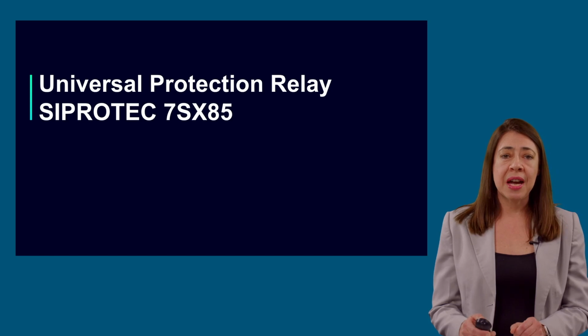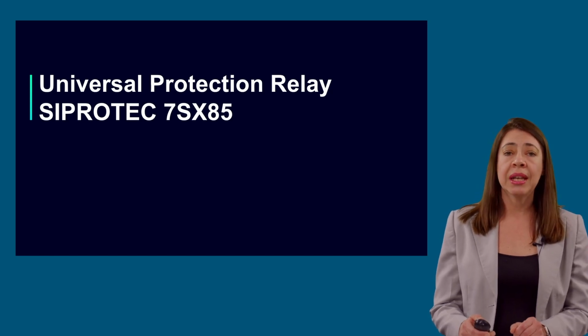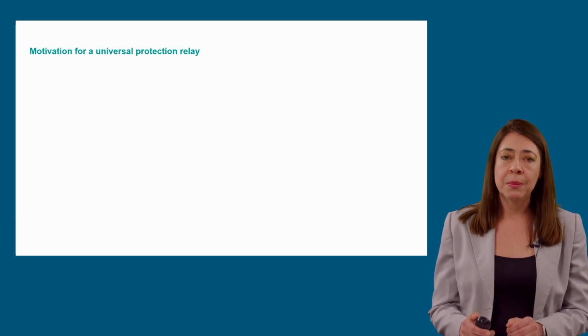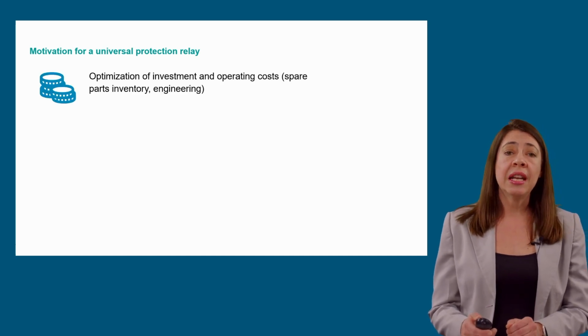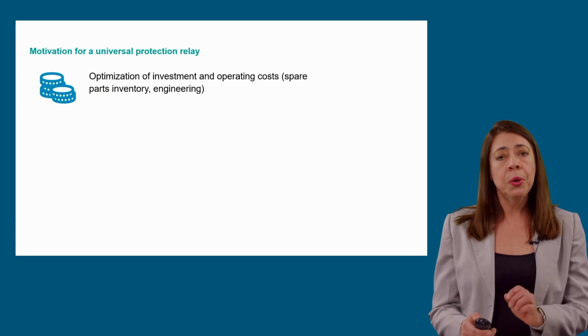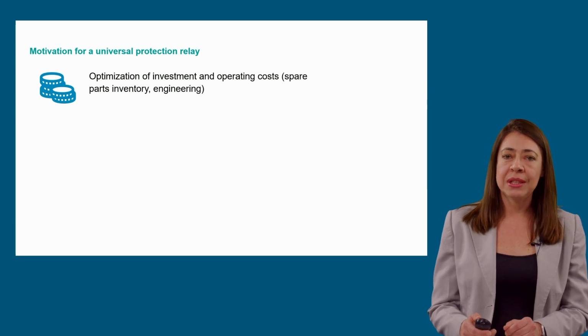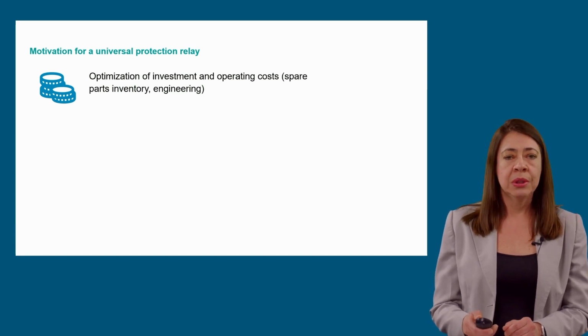Siemens modular device relay is called SIPROTEC 7SX85. And when we develop this device, we focus on the challenges our customers face daily. That is why we decided to go a step beyond with the SIPROTEC 5 platform to offer a way to optimize even more investment and operating costs.